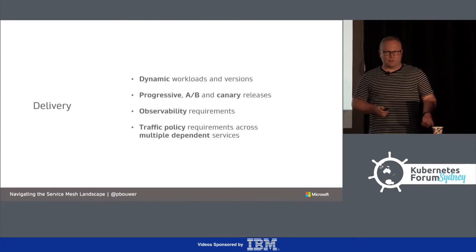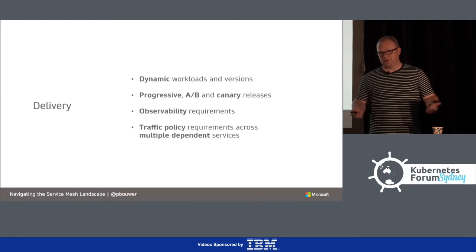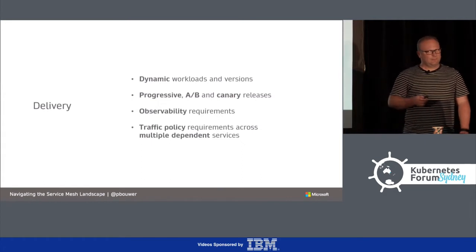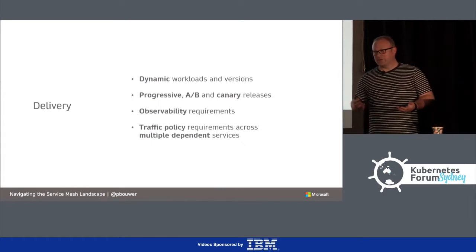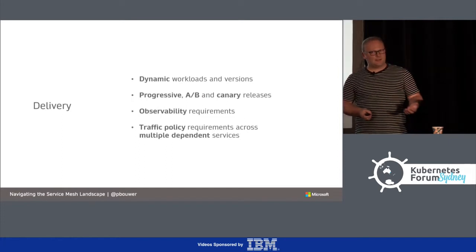We've got dynamic workloads and versions. You may have multiple versions of an application running in your cluster or in your compute nodes. There's a requirement for progressive rollouts. You may want to deploy a version at 10%, 20%, test if it's working in production, and then roll it out further. There's A/B testing, canary releases.